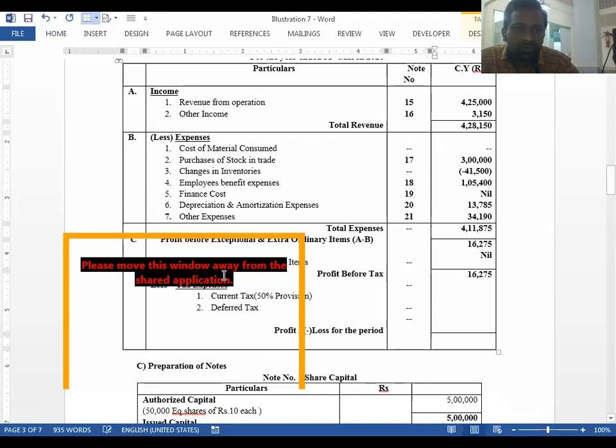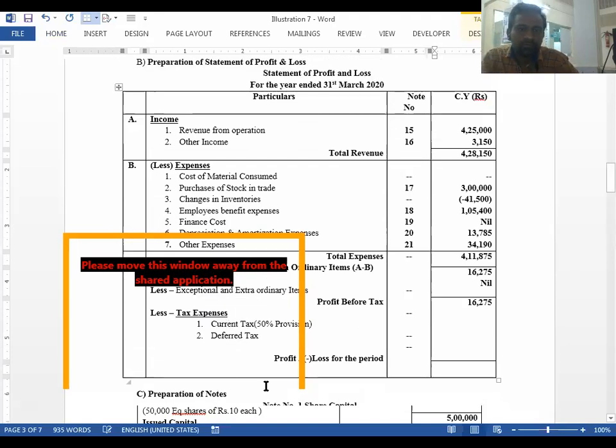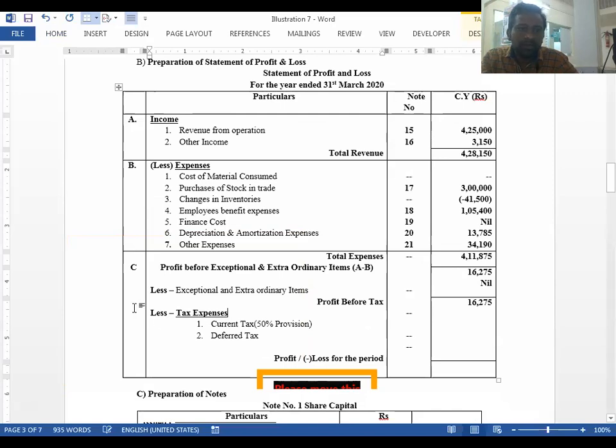Now let's take the tax expenses and the adjustment given in this regard.